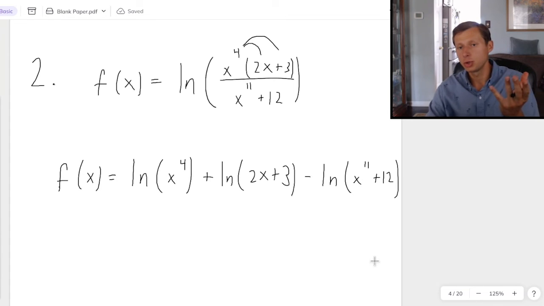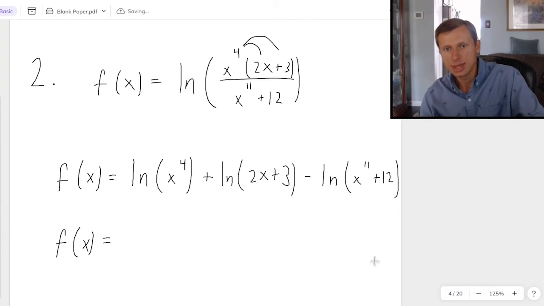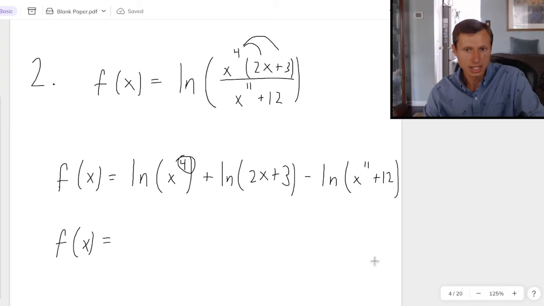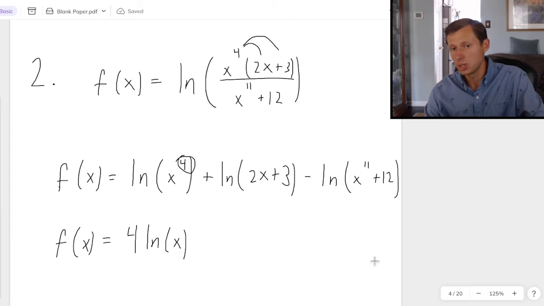And now I'm going to show you one more optional step before we take the derivative. I say optional because you don't have to do this, but if you spot it, then you're a genius and you're going to have an easier time for the derivative. And that is spotting the 4th power right here. Since x is to the 4th power, we can pull that out in front, and now you have 4 natural log of x, which is going to make your derivative just a little bit easier.